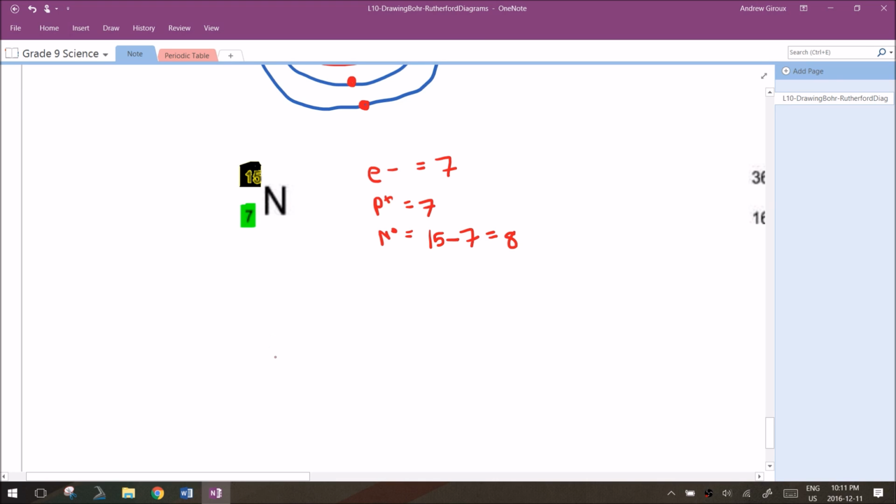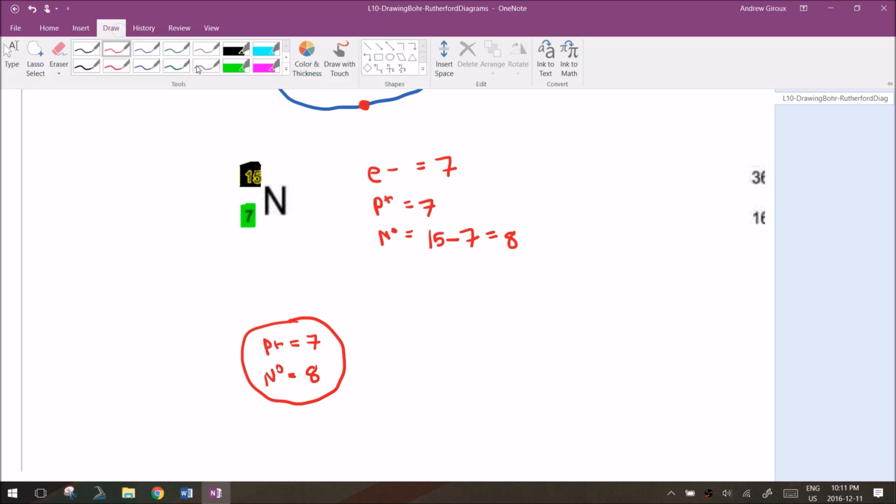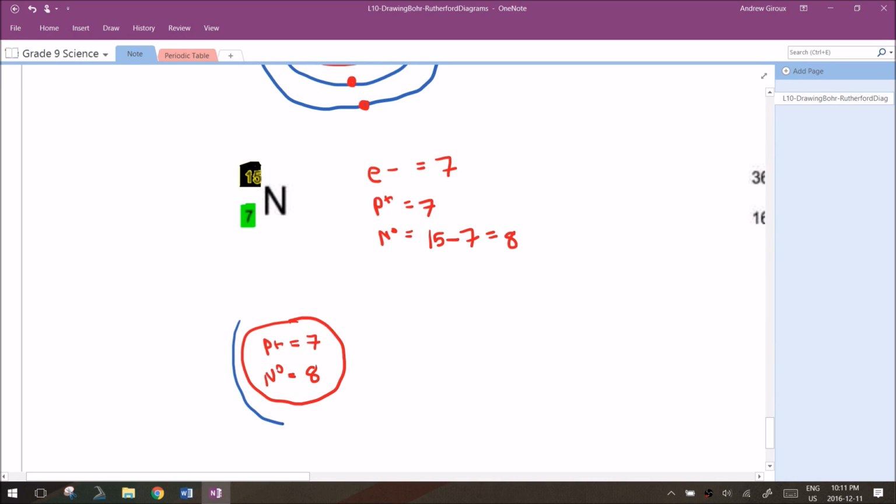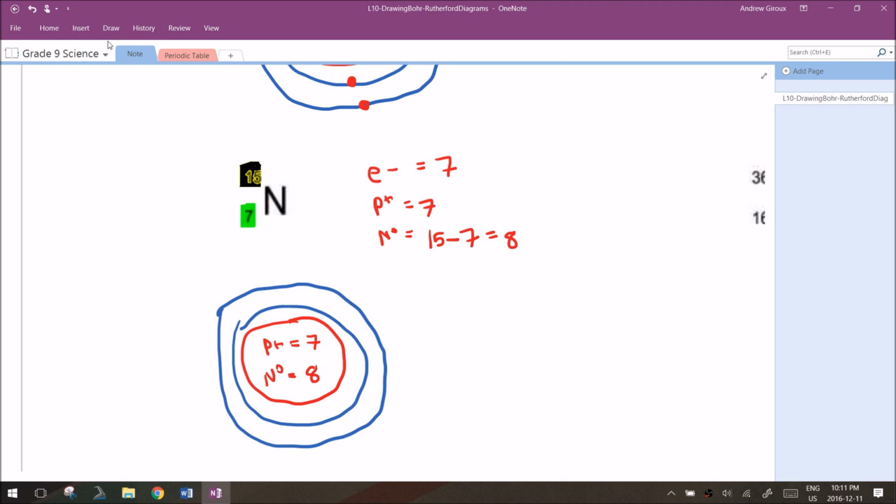Now we can draw our Bohr-Rutherford. Two electrons in the first shell, and then I can fill the rest in to the other shell. 3, 4, 5, 6, and 7 electrons. So there we go. There's this specific isotope of nitrogen.